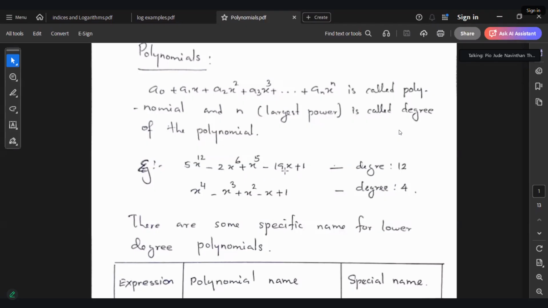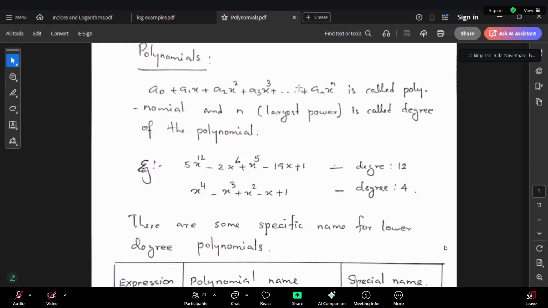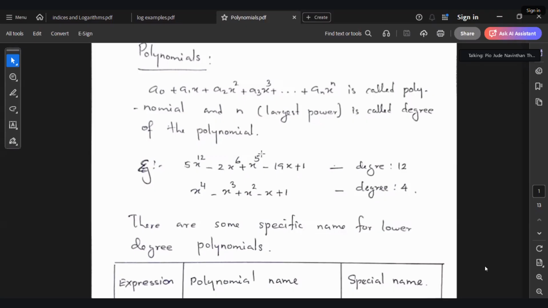And this value 1 compares with our polynomial format a5, because x5 is there: a5 x5, a5 is equal to 1. Here x6, therefore this is a6, a6 is equal to minus 2. And x12, therefore our a12 is equal to 5. So we are talking about a12, a6. Where are a10, a11, a9, a8? All are equal to 0.